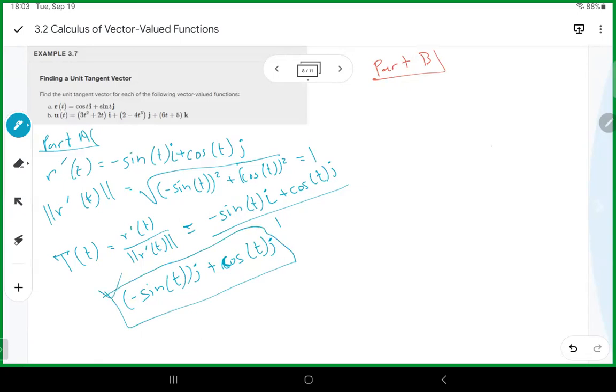So for that one, it just happened to be the actual first step answer, but that was probably a fluke. So don't get comfortable with that.